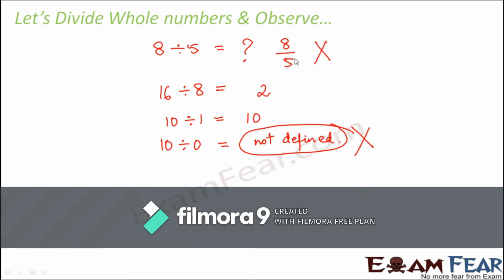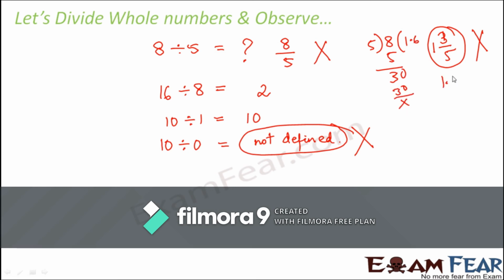This is not a whole number because 8 is not divisible by 5. So this is again not a whole number. Right? So when you divide 8 by 5, this is what you get. You can write it as 1 and 3 by 5, which is again not a whole number. If you want, you can write it in decimals.